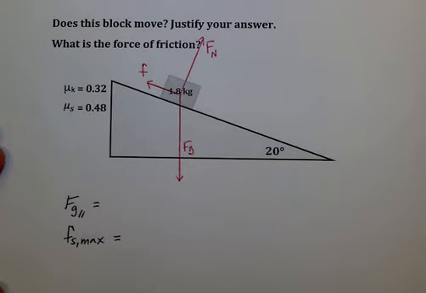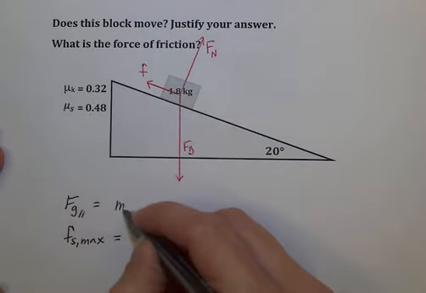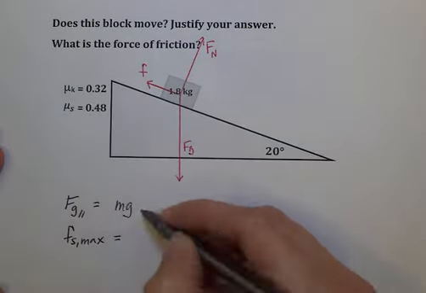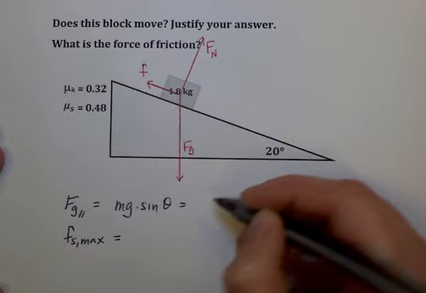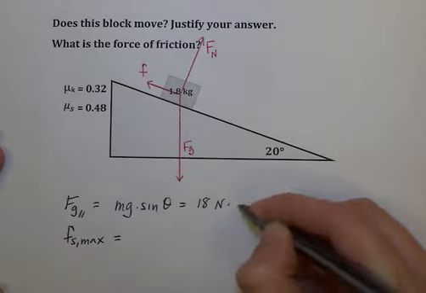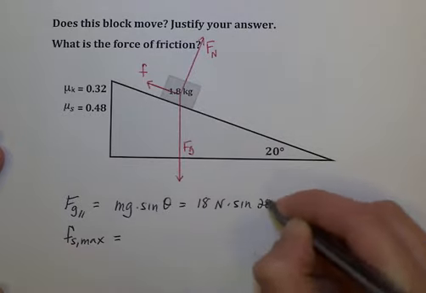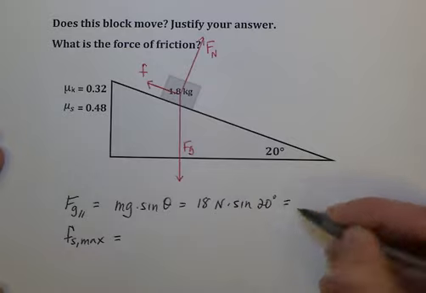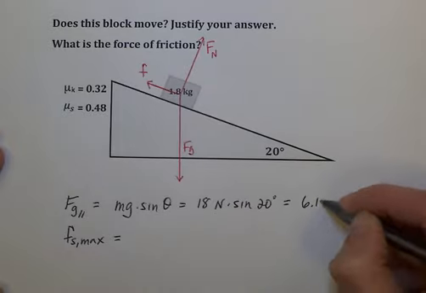The parallel force can be found looking at the weight times the sine of the angle. So that would be 18 newtons times the sine of 20 degrees. That turns out to be 6.16 newtons.